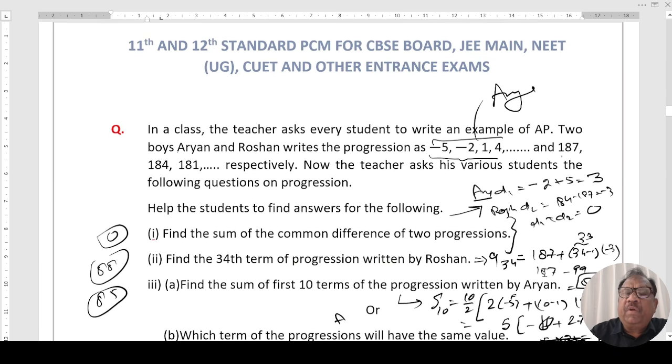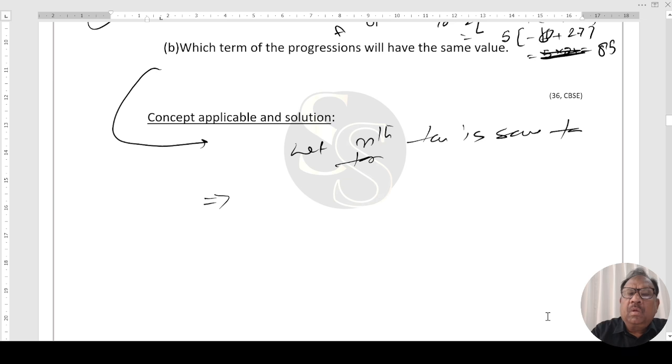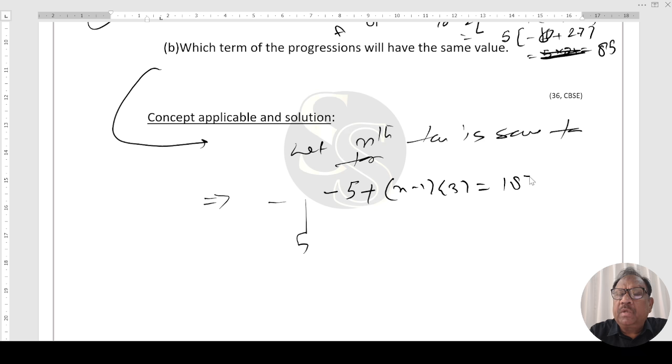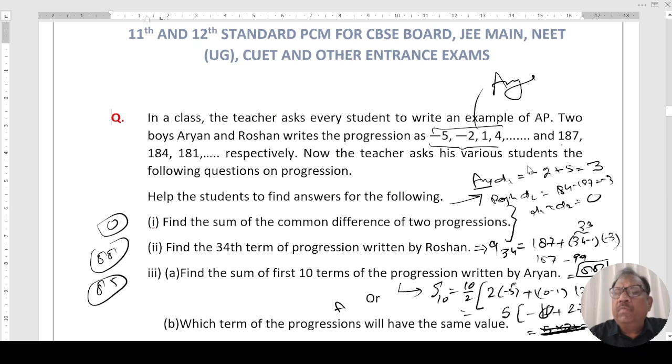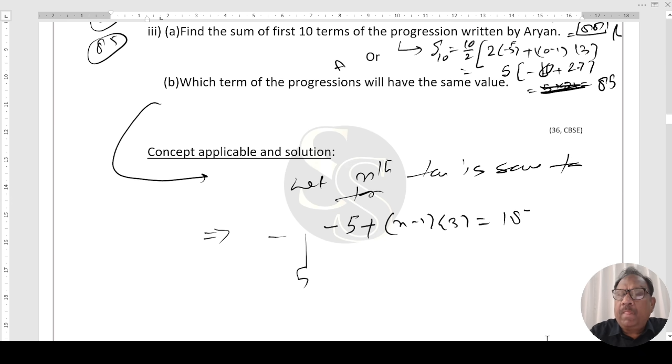That is minus 5 plus n minus 1 into 3 equal to 187 plus n minus 1 into minus 3.